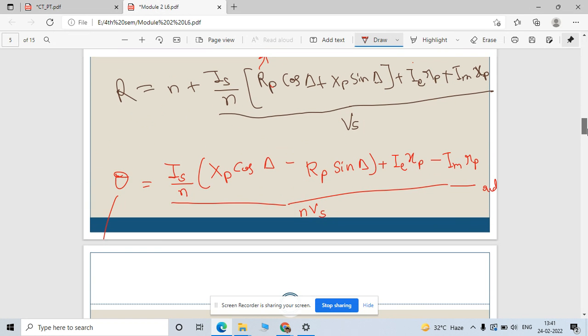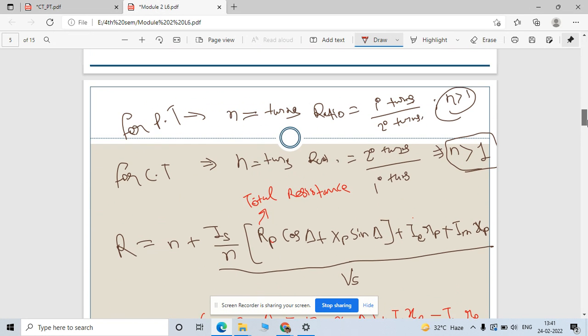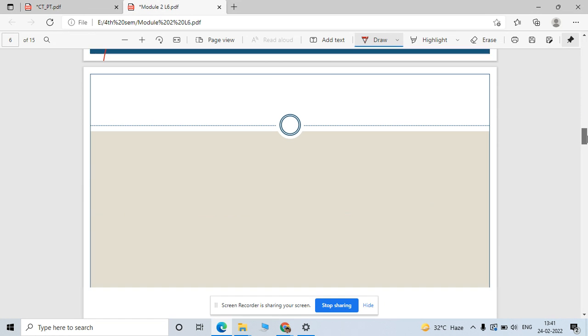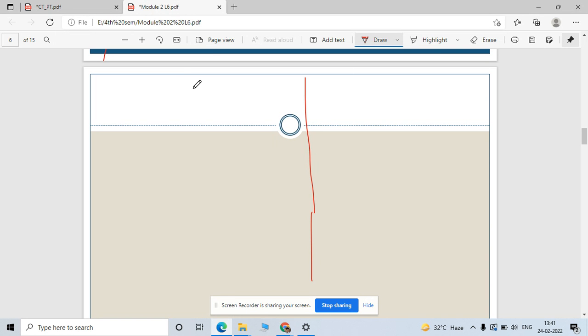So these are the equations for your potential transformer, and I would like to share with you some basic differences between the distribution transformer and the potential transformer. So if you see the differences between DT, distribution transformer, and PT, potential transformer. सो जनरली डिस्ट्रीब्यूशन ट्रांसफार्मर क्या होता है, जो आपके लोकल एरिया जो रहते हो जहाँ पे आप, ठीक है, सो वहाँ पे आपको जो भी सप्लाई की जाती है बाय द डिस्ट्रीब्यूटर.